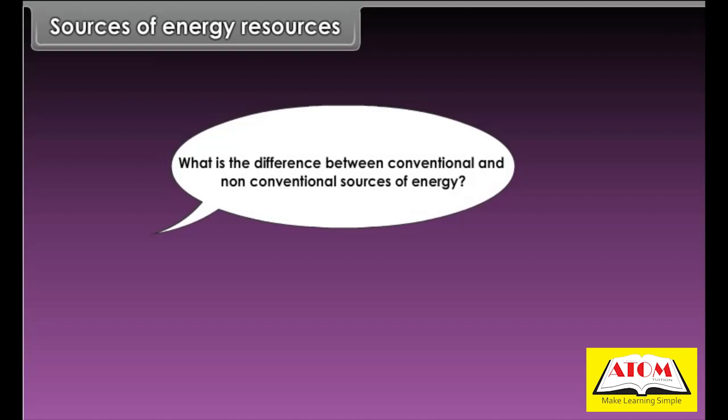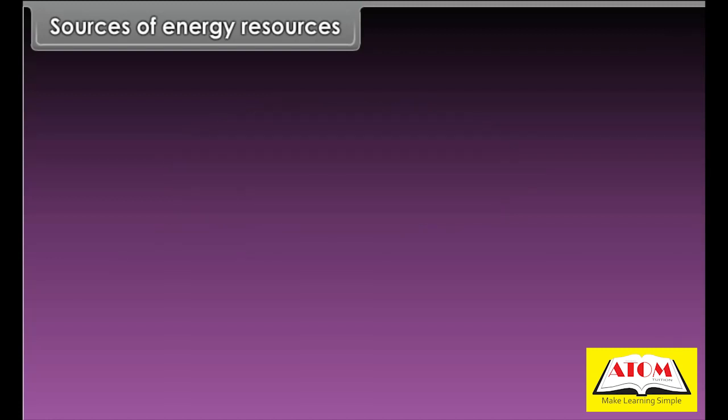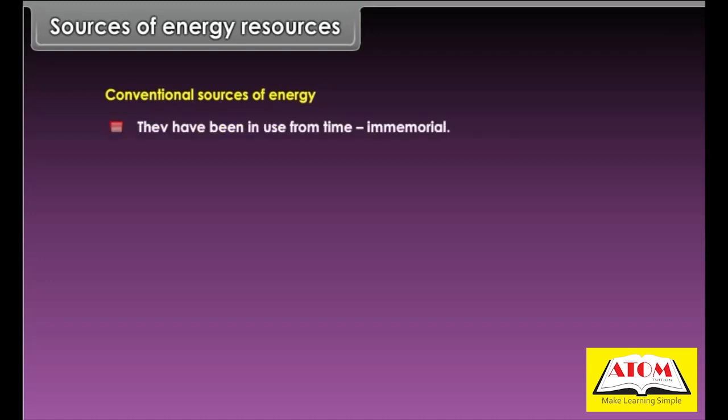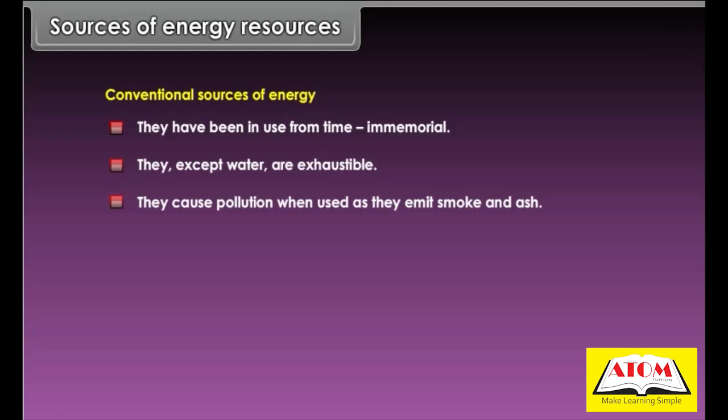Sources of energy resources. What is the difference between conventional and non-conventional sources of energy? Conventional sources of energy. They have been in use from time immemorial. They, except water, are exhaustible. They cause pollution when used as they emit smoke and ash.